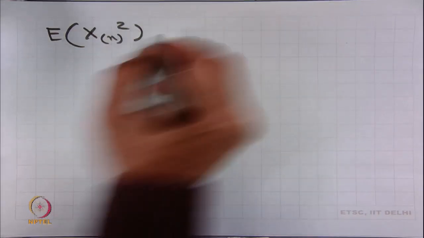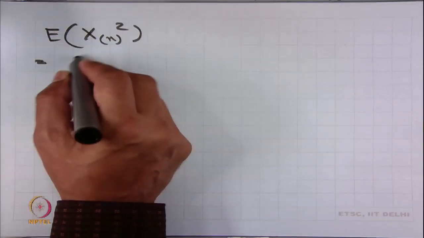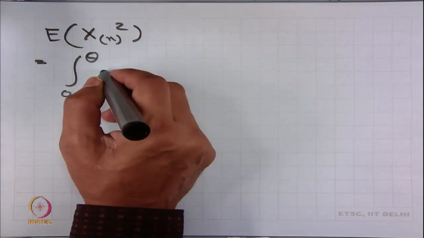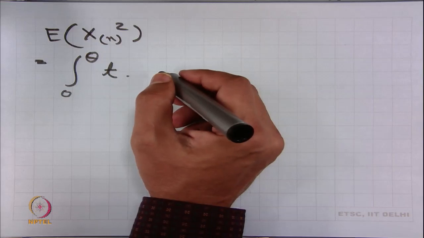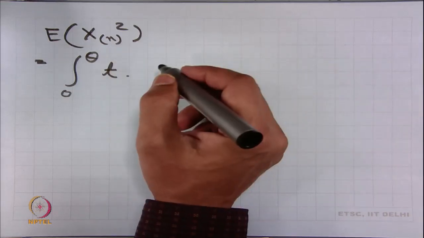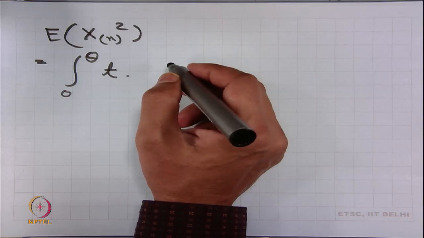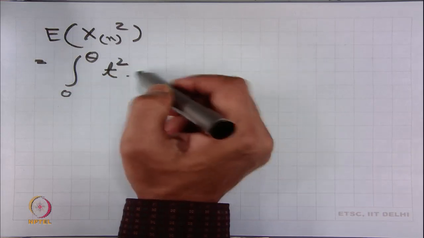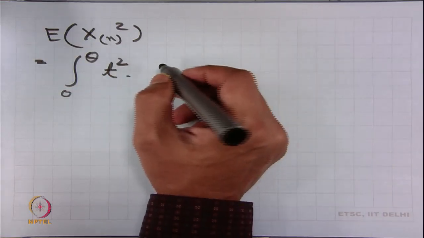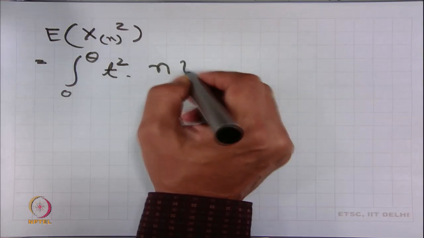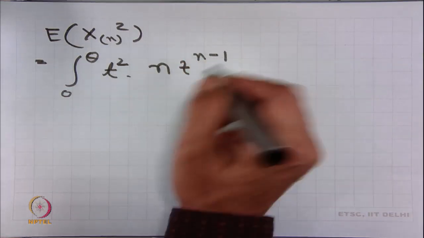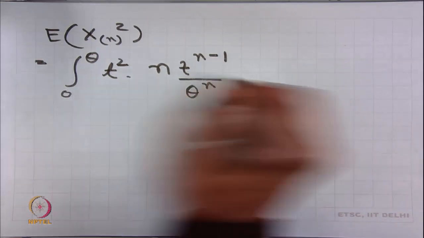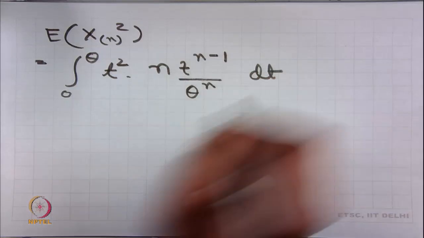This is equal to integration 0 to theta, let the value be t, t square times the PDF of x n. We know that the PDF of x n is equal to n t to the power n minus 1 upon theta to the power n, and therefore, we are integrating it with respect to t.